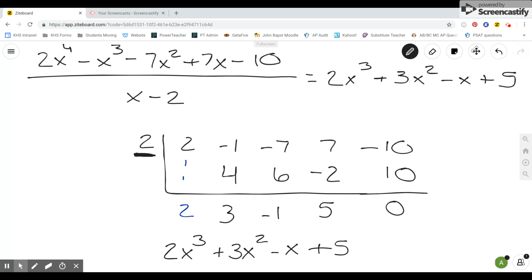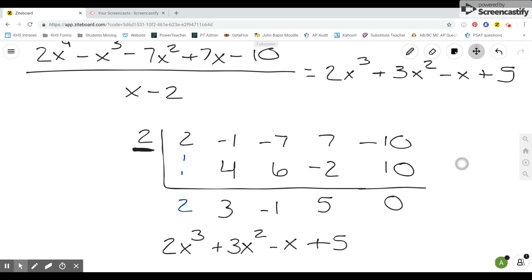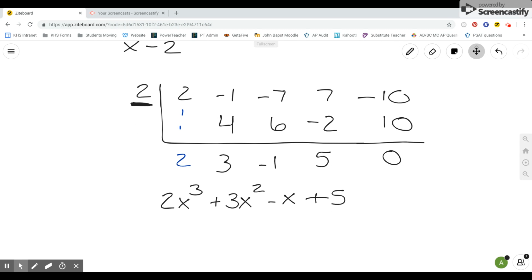And you could also write this as 2x to the fourth. So we're taking the polynomial we started with before we divided it, minus 7x squared plus 7x minus 10.